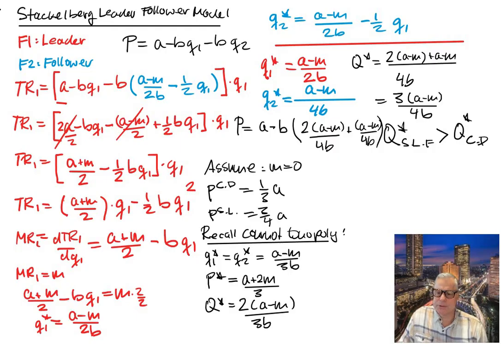So the B cancels out, and then we have here 3 A minus M's over 4B, okay.